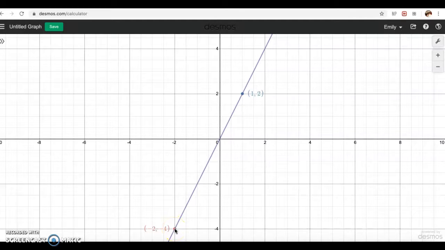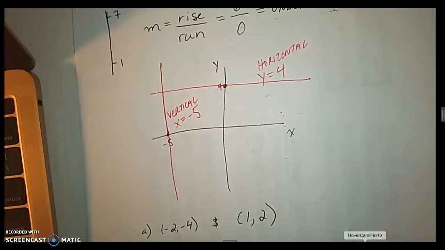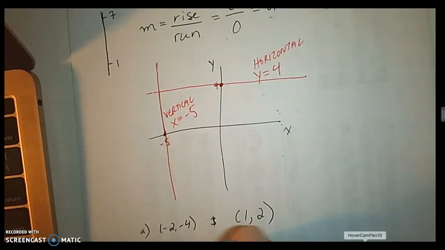So let's say I'm going from this point right here, -2, -4, to this point right here, -1, -2. And to go between those 2 points, I'm going up 2 and over 1. So my slope is rise over run, which is up 2 and over 1.